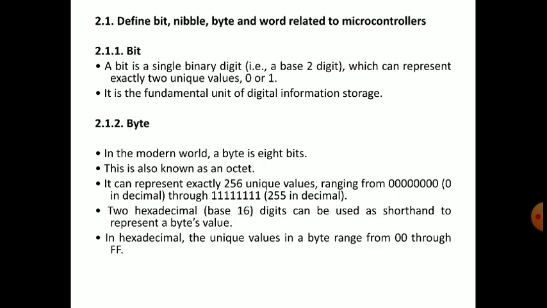And the next topic is byte. In the modern world, a byte is 8 bits. It is also known as an octet. Octa means 8, right? If you remember, octet.